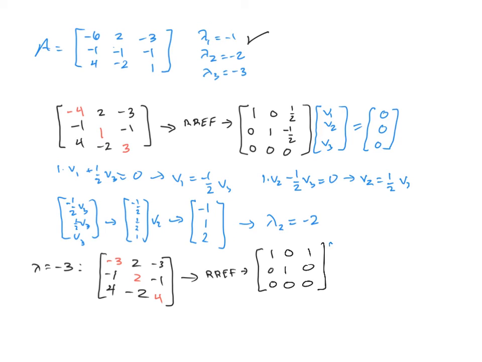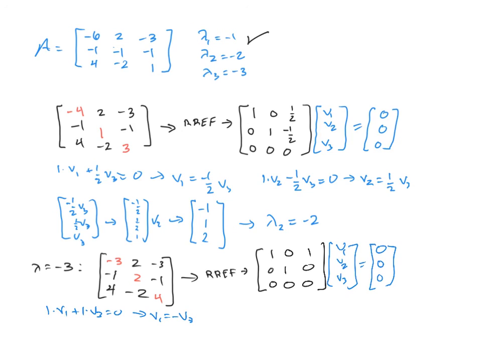Again, this is times v1, v2, v3, equaling 0, 0, 0. And when we start multiplying this out, we will notice that we get 1 v1 plus 1 v3 equals 0, saying that v1 is the opposite of v3.